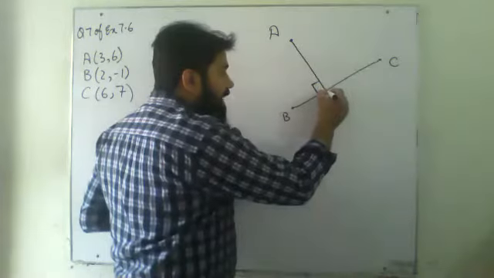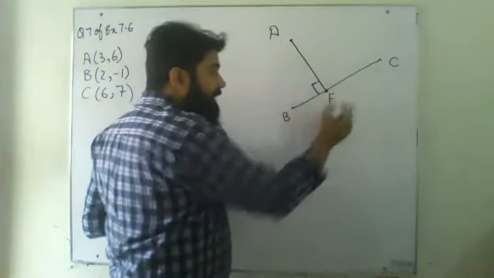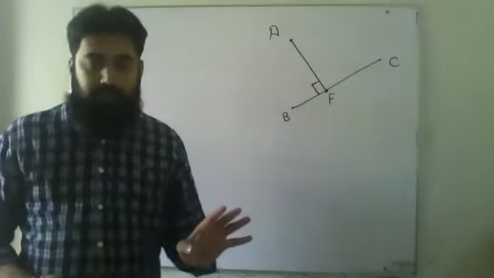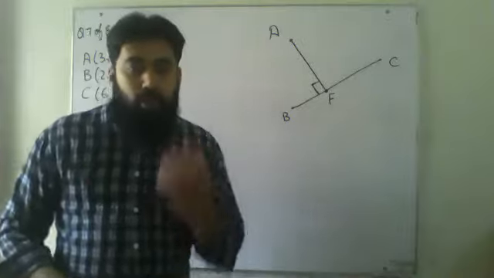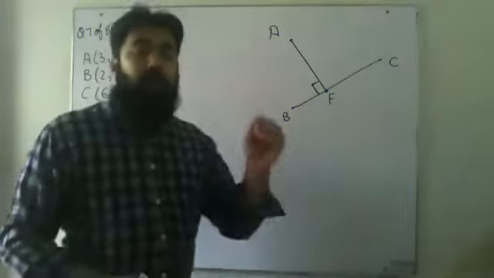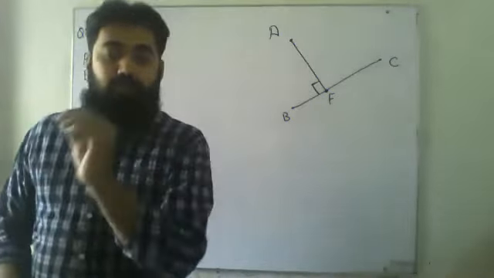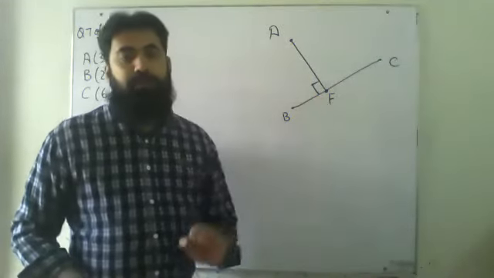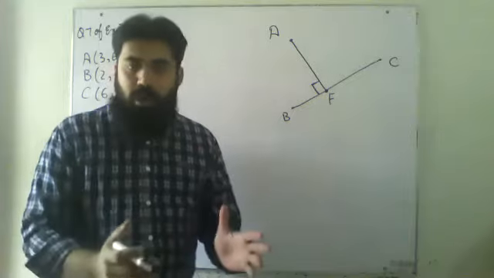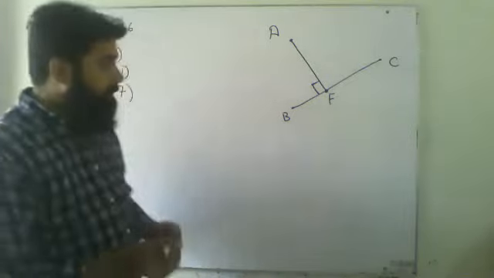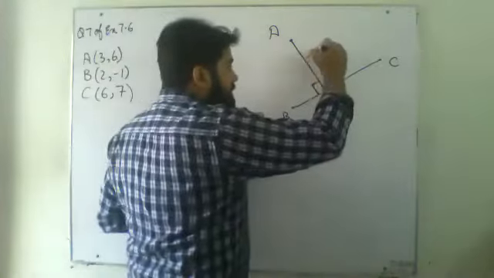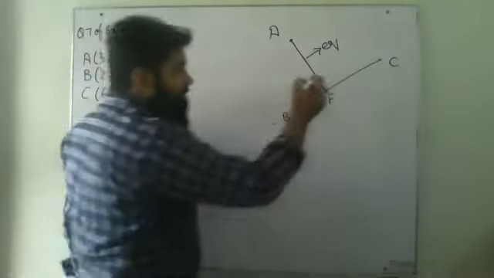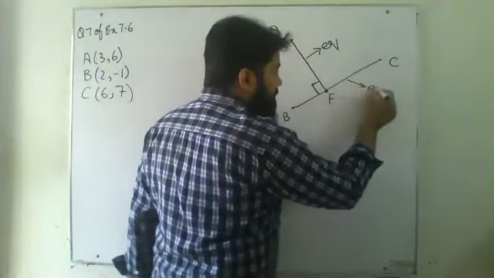In question number 5, when we found F, we called it the point of intersection of two perpendicular lines. Now they have changed the scenario. Instead of saying find the intersection point of two perpendicular lines, they have named it as foot of perpendicular. So how to find this foot of perpendicular? I have to find this equation, and I have to find this equation.